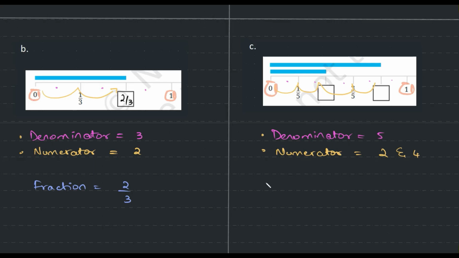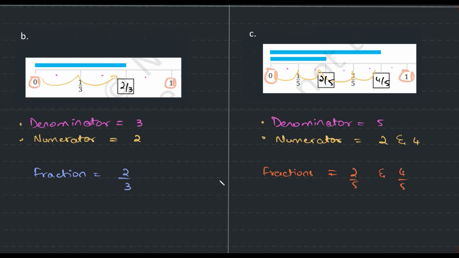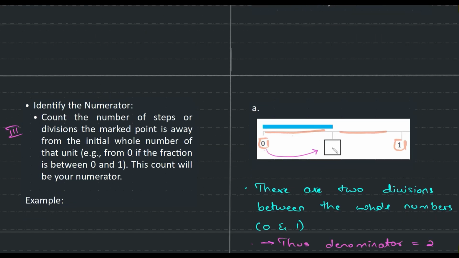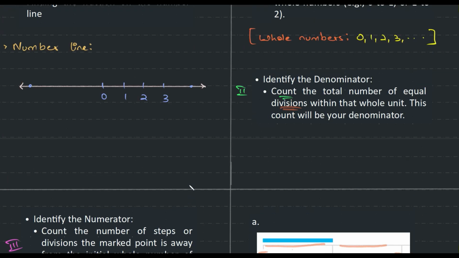And finally we have here two fractions. One is 2 by 5 and the other is 4 by 5. So that's how you figure out the fractions or represent a fraction on a number line. So this is 1 by 2.